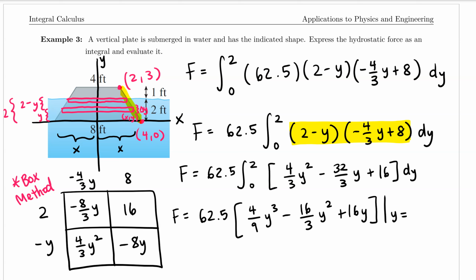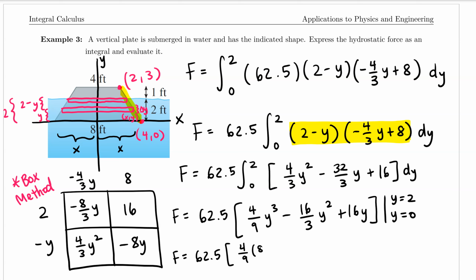And I am evaluating this between y equals 0 and y equals 2. Now I want to plug in 2. Notice that if I plug in 0, everything's going to become 0, so I just need to ultimately plug in 2. So my force is equal to 62.5 times 4 over 9.